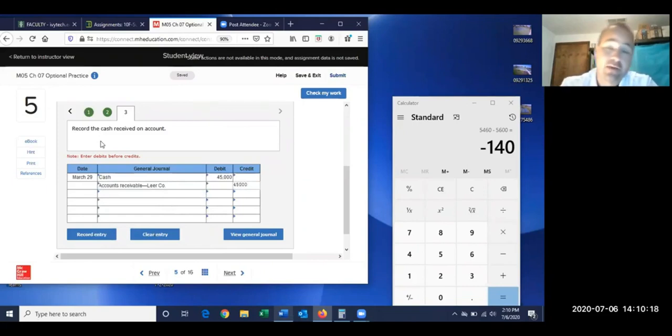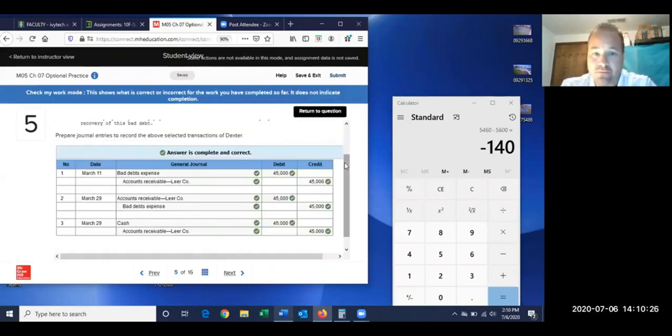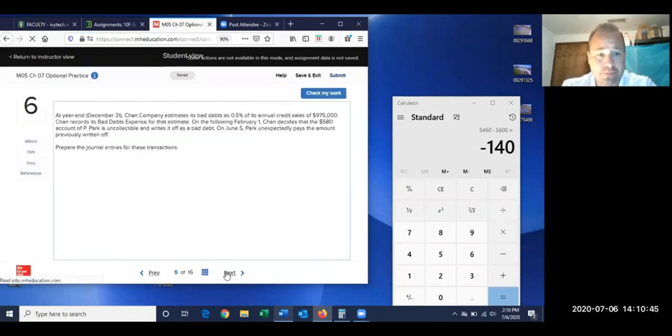They didn't owe us before because we took it off their account, but now they don't owe us because they actually paid me. So that's a fairly easy one. Just showing that you had bad debt, undoing the bad debt because they finally paid you, even though you didn't expect it, and then showing the entry to show cash coming in. Okay, so that's the absolute easiest one.